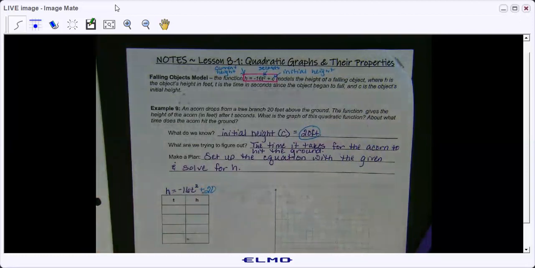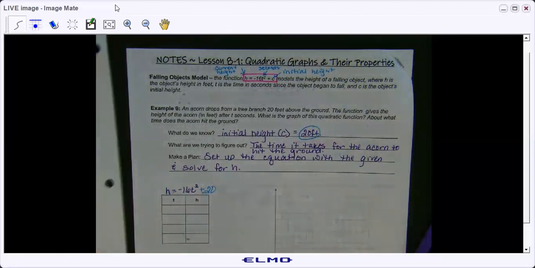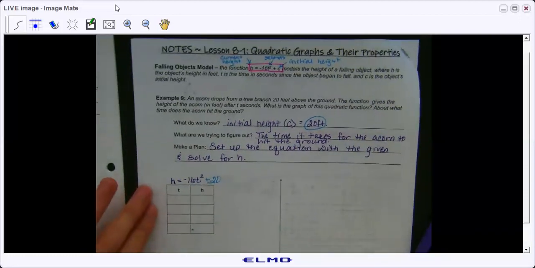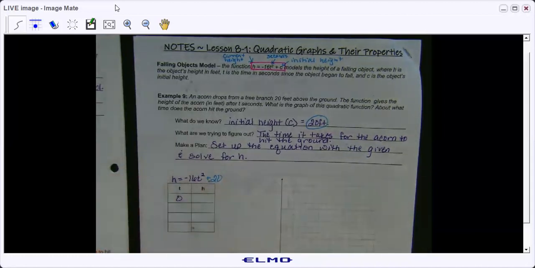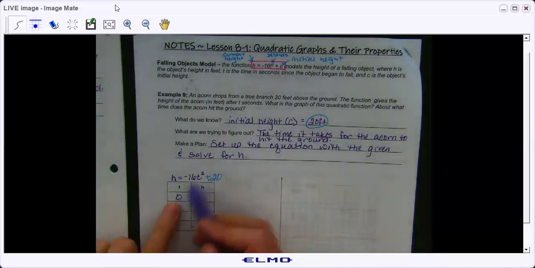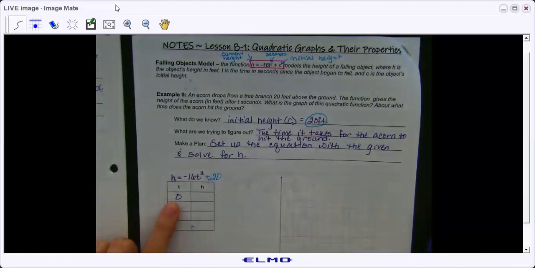Think about it falling from a tree. So we're going to use fractions in this. So we know that when our time is 0, that means the acorn is still at the top of the tree, right? If we were to plug 0 where the t is, we're going to get 20. We know that that's where it starts. It starts 20 feet above the ground at 0.